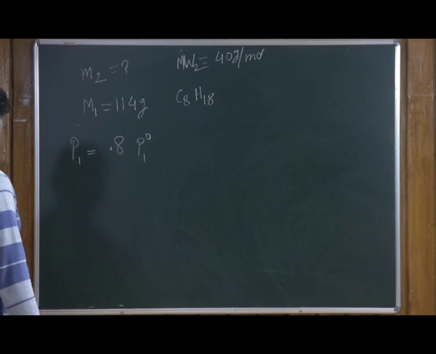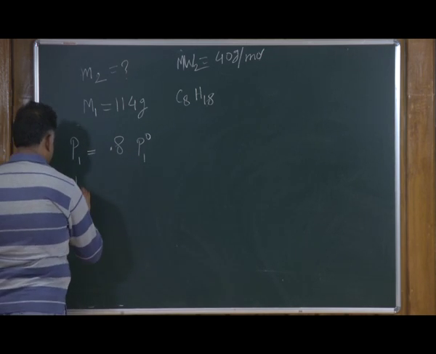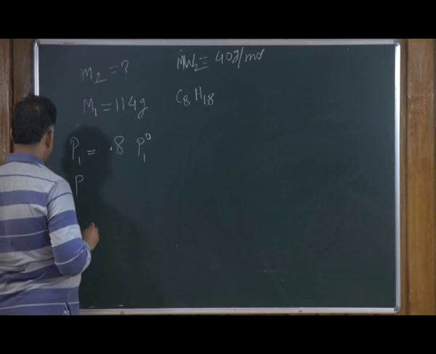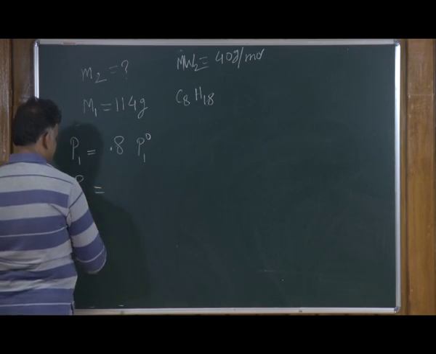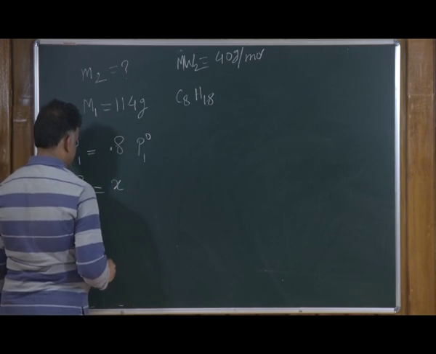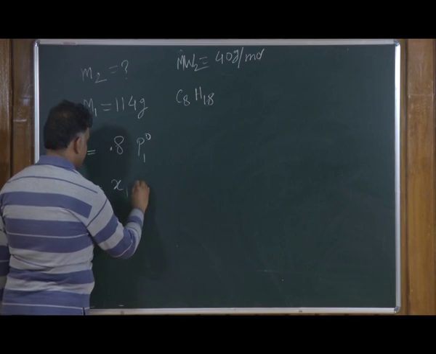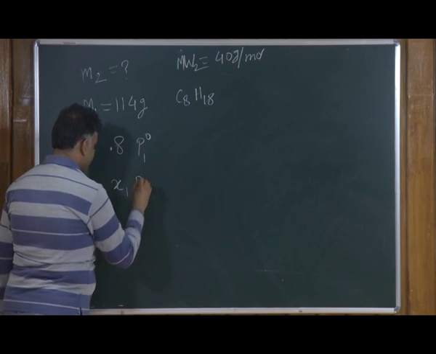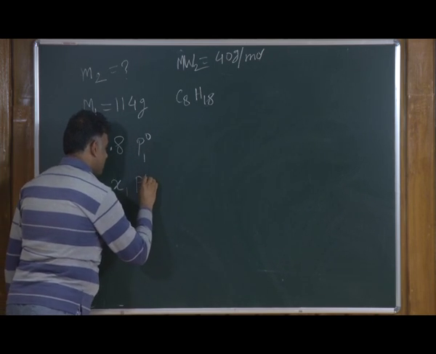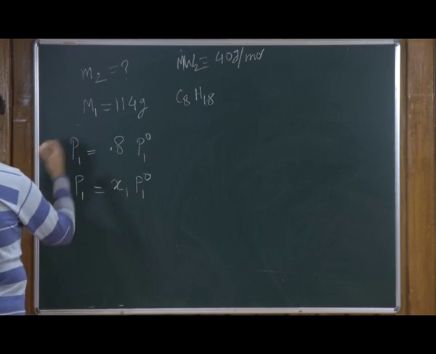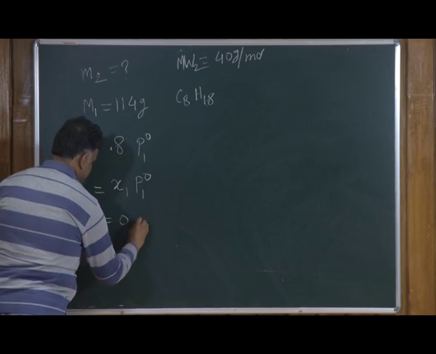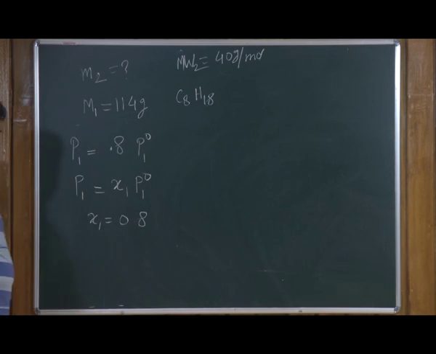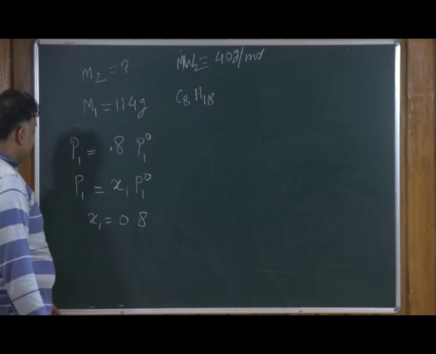Okay. We know from Raoult's law that vapor pressure of solution is equal to mole fraction of solvent multiplied by vapor pressure of pure solvent. So, just by comparison we know x1 is equal to 0.8. All right, and let us see what is the definition of x1.